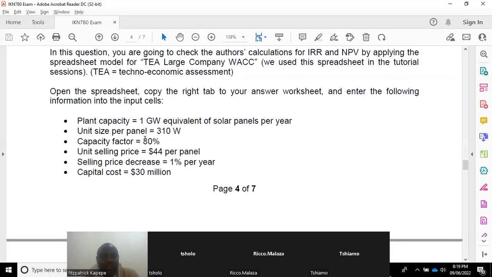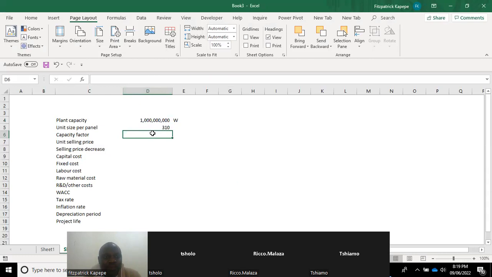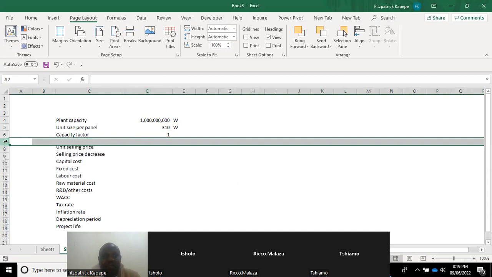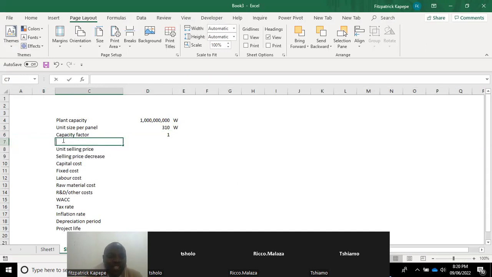Then the units we have, we have 310. This is per panel, which is that. Then we are told that the capacity factor is 80%. Here now, because they are selling per panel, we need to know the number of panels.